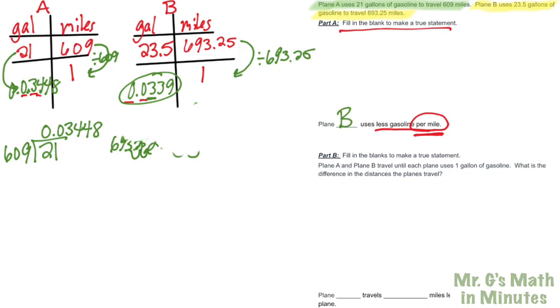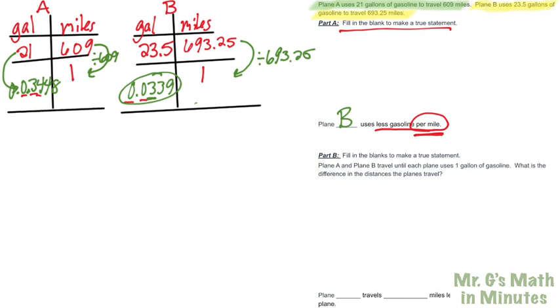Then the next question says, all right, forget about per mile. What about the planes using 1 gallon of fuel? So now instead of miles being 1, we need to have our gallons be a 1. So now we're going from 21 to 1, so we're dividing by 21.